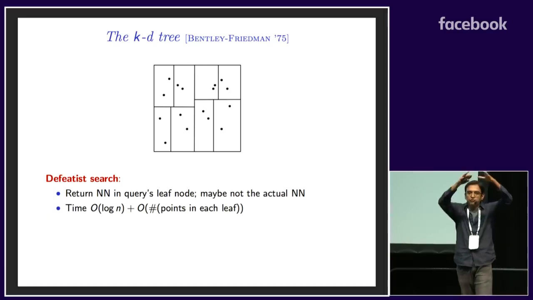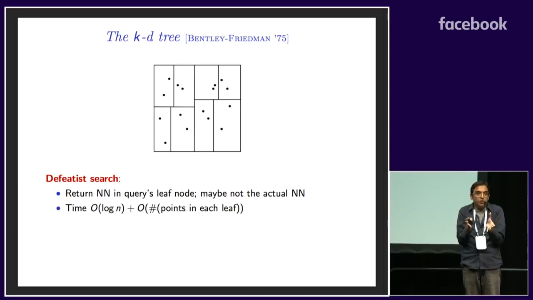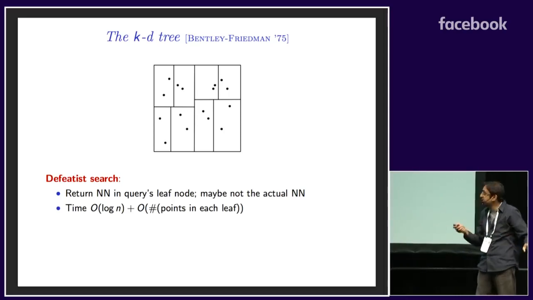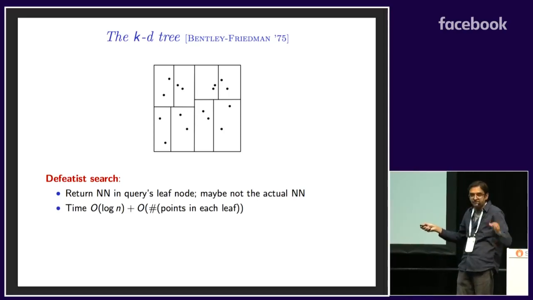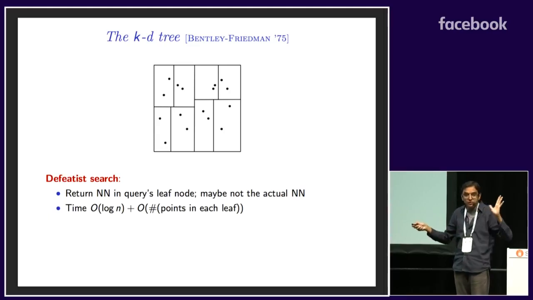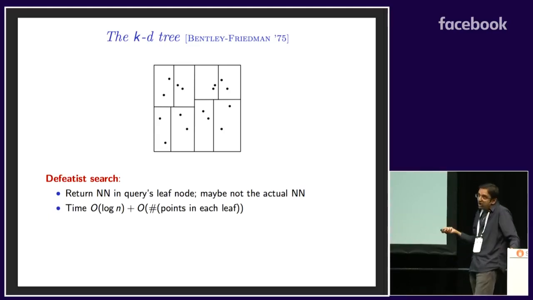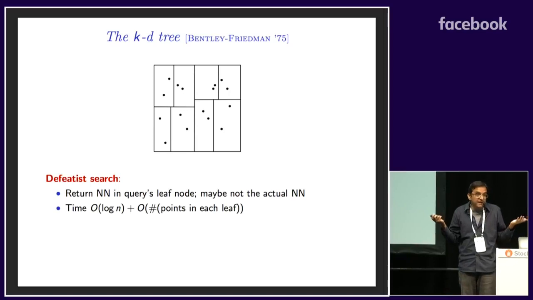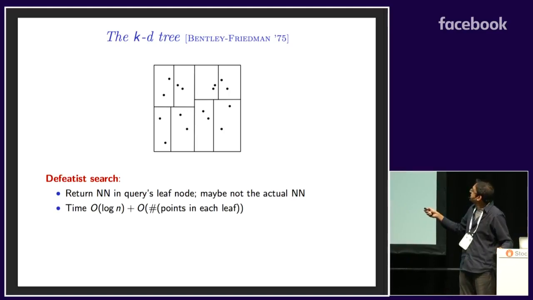Let's say you grew the tree until you had 1,000 points in each box. Then the time is log n plus 1,000, because you compute distances to those 1,000 points. The problem is, maybe you'll get the nearest neighbor and maybe you won't. Because, if the point is, for example, over here, then the nearest neighbor might be that one, which is in a different cell.